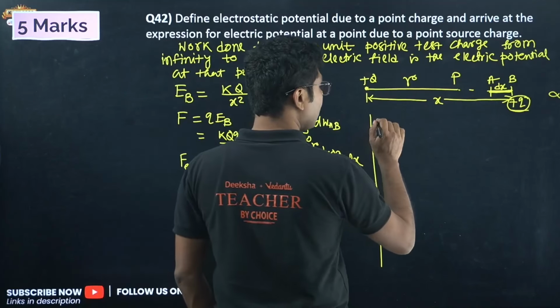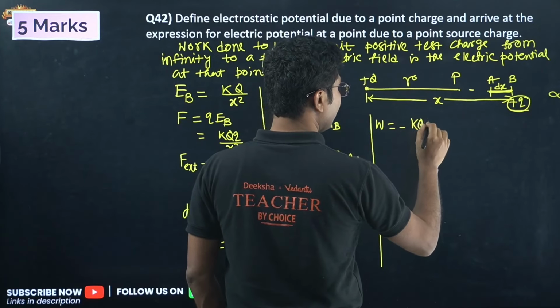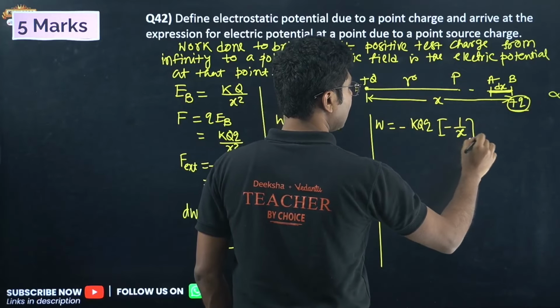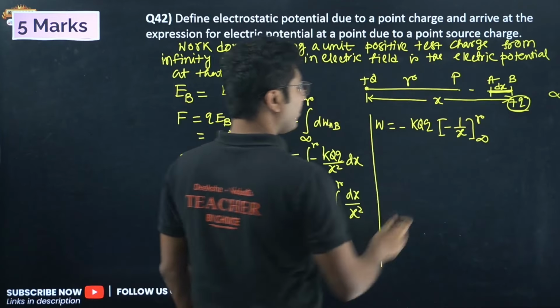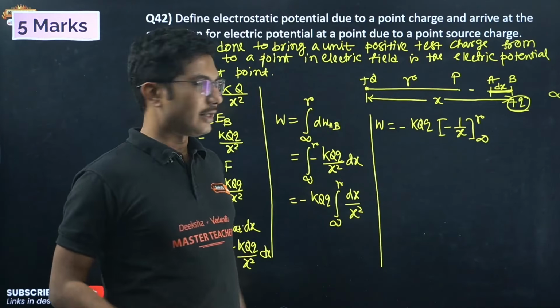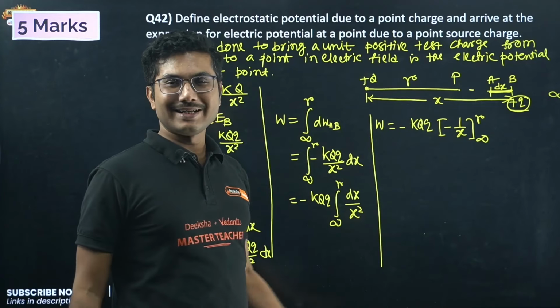So we can write W equals minus k Q into minus 1 by x, infinity to r. Okay, minus 1 by x is the integration of this. I have not explained why this is right. So I hope you have done integration properly.